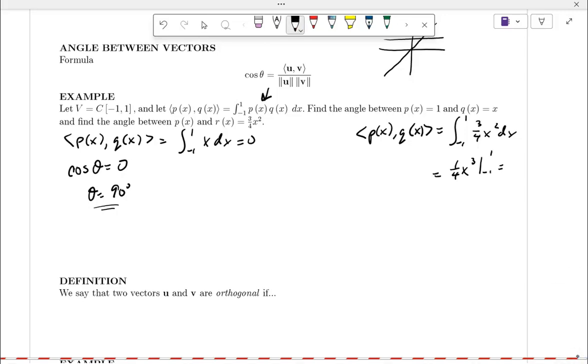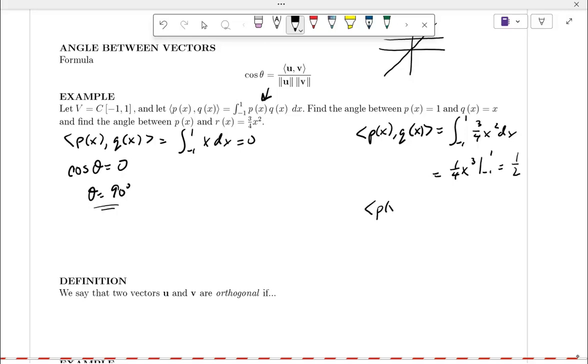And you'll get a half when you're done, because I get a 1/4 minus a minus 1/4. So that'll be the numerator of our fraction for trying to figure out our angle between the two vectors.